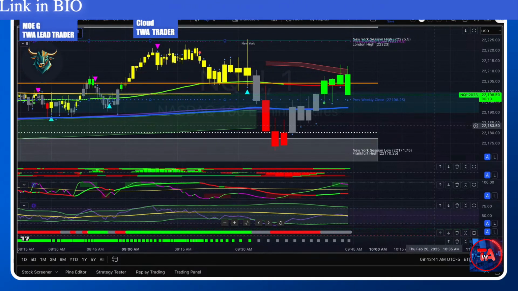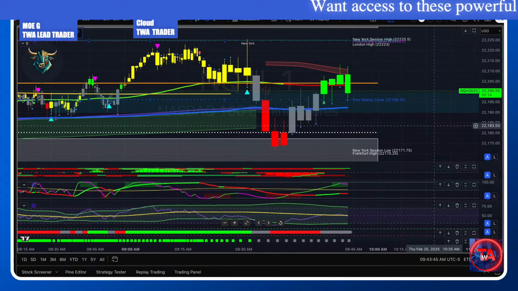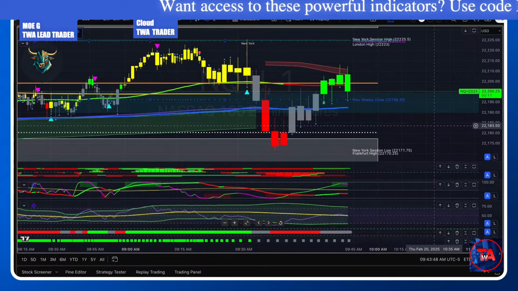I'm gonna be flat right below VWAP. I might try to hold 10 micros just in case.